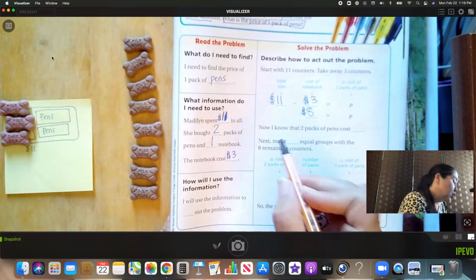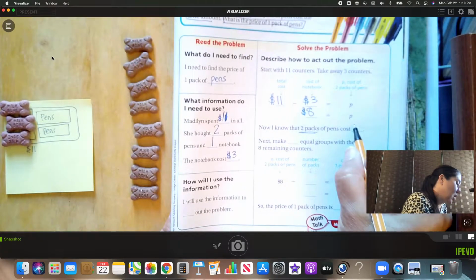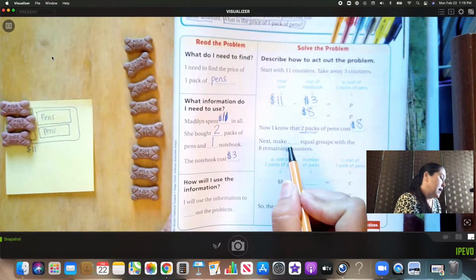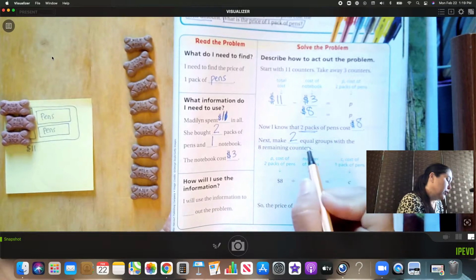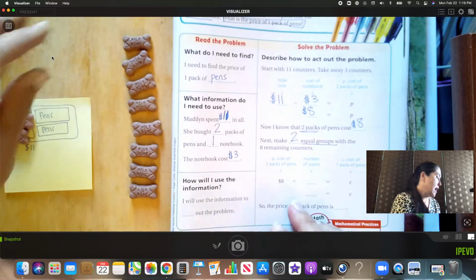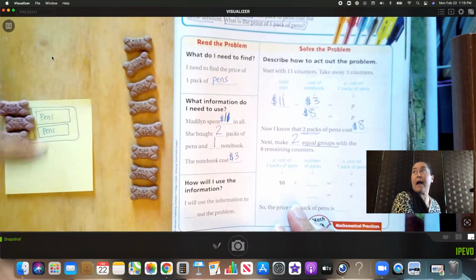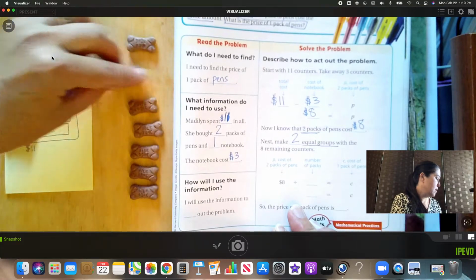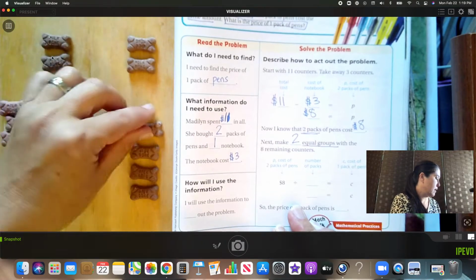Now I know that 2 packs of pens cost $8. Next, I need to make 2 equal groups with the 8 remaining counters because I know I have 2 packs of pens, right? So 1 pack, another pack. 1 pack, the other pack.